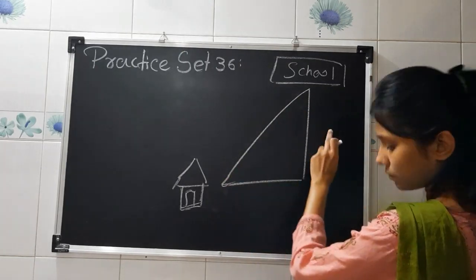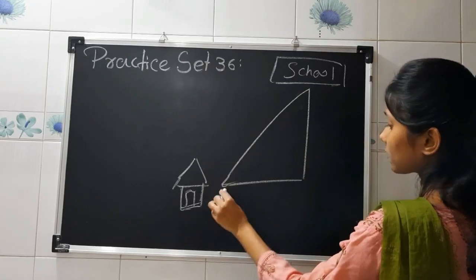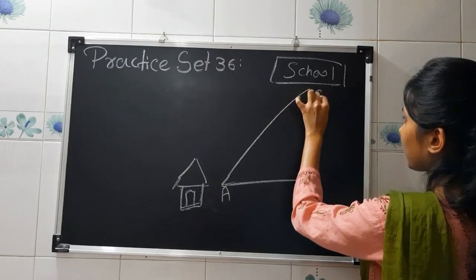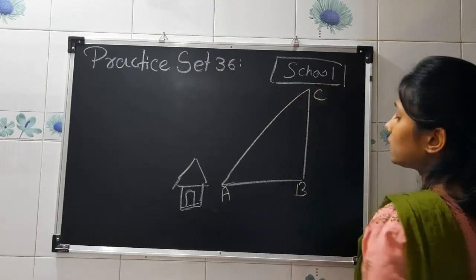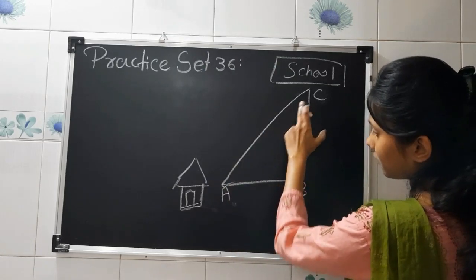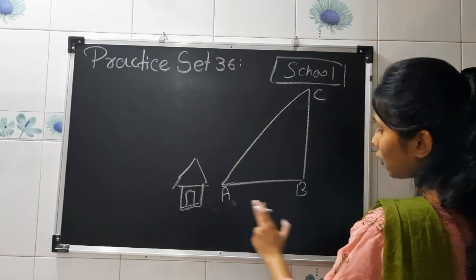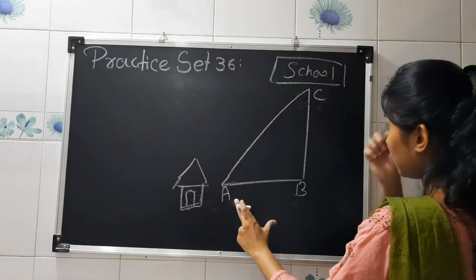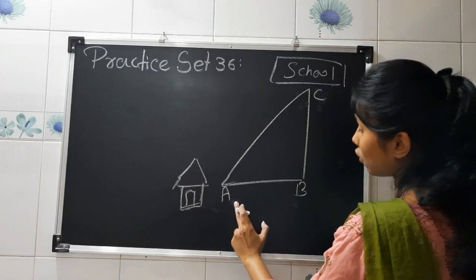Okay, so the first way is road AC and the next is road AB and then BC. Okay, he has two ways to go to school from his home.